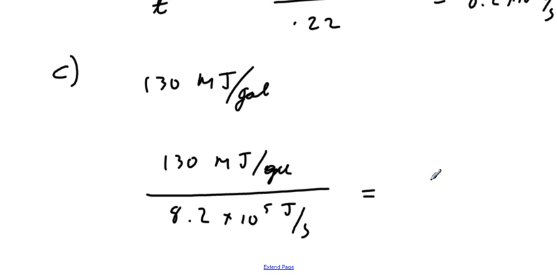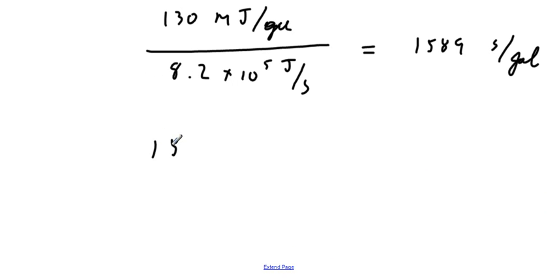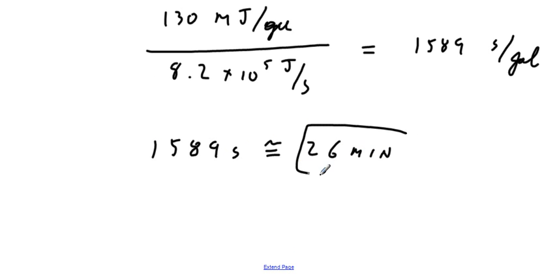I'm going to end up with 158.9 seconds per gallon. And I only have 1 gallon, right? So I'm going to have 1,589 seconds. I don't have that many significant digits, so I'll change that to 26 minutes. So 1 gallon is going to last 26 minutes. With 2 significant digits, that's about as best as I can do.